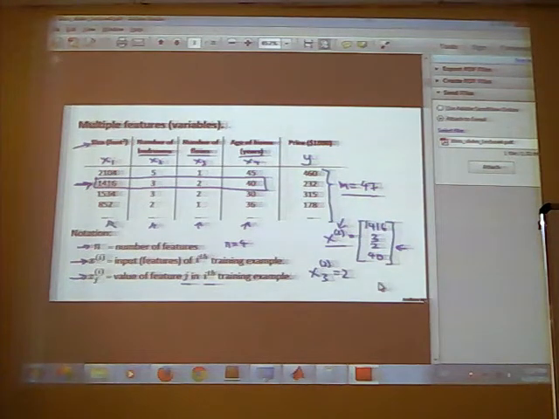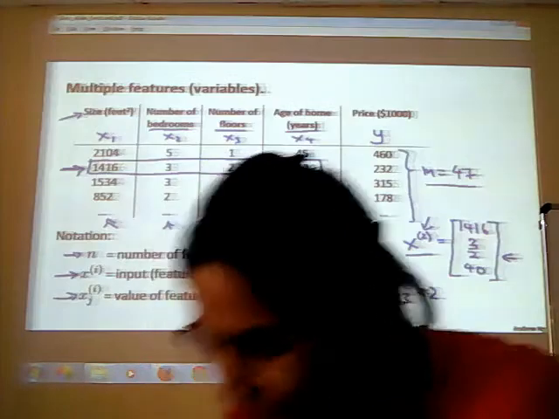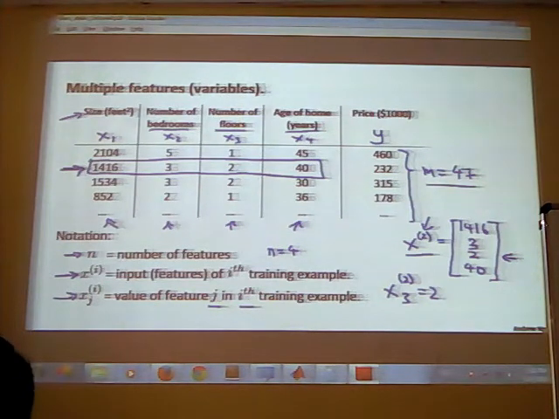Suppose we have a number of features or variables associated with the given data set. So in multiple features, suppose we have size of the house in feet square, number of bedrooms in a particular house, number of floors, age of home, and the price.